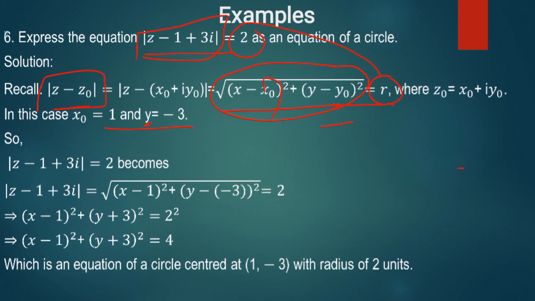After squaring both sides, the square root part will go, and this will now carry a square. That's why you see everything inside here is still here, and 2 is raised to power 2. This remained as it is, but this part is slightly changed. Why? Because minus times minus is plus.